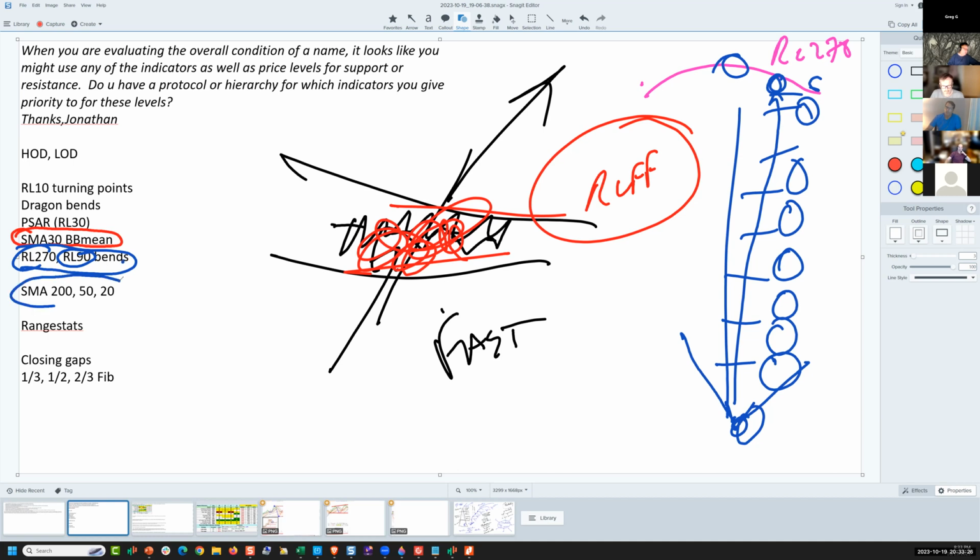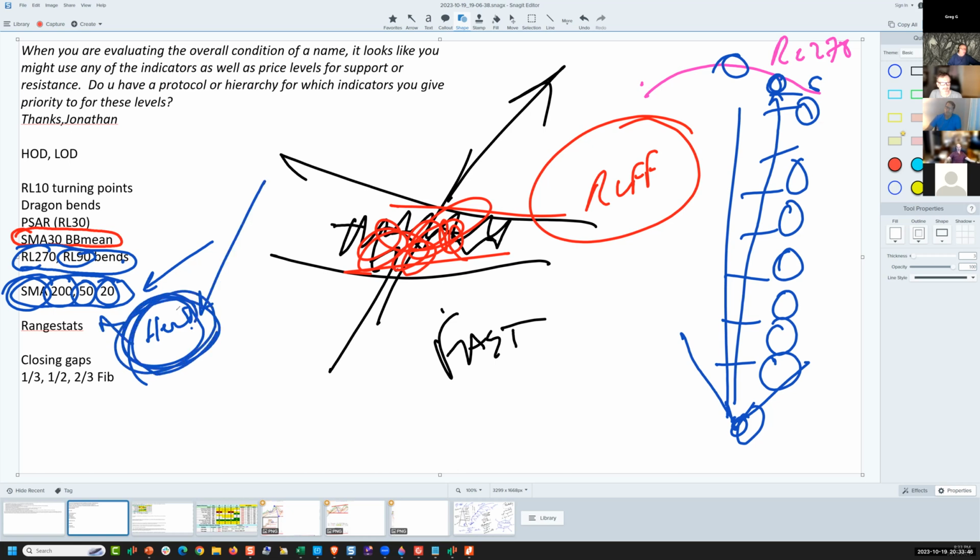Now, since the rest of the world studies the 200 period, 50 period, and 20 period simple moving averages for their moving average systems, then you must pay attention to those. But remember that the herd is studying those, and you're studying the herd. So you better know what the herd does at those levels.